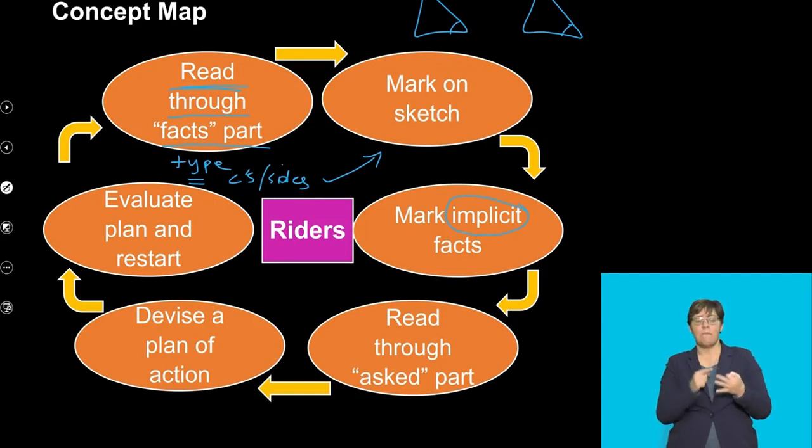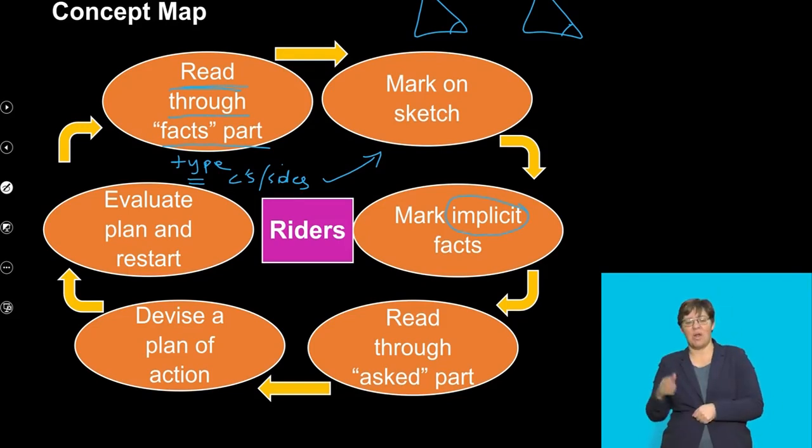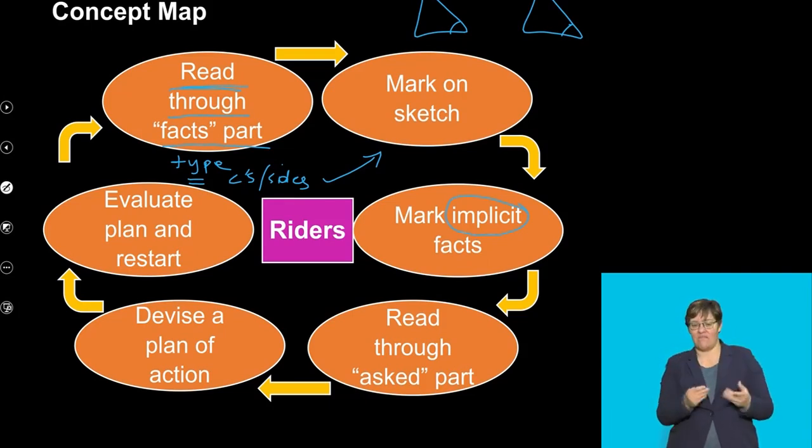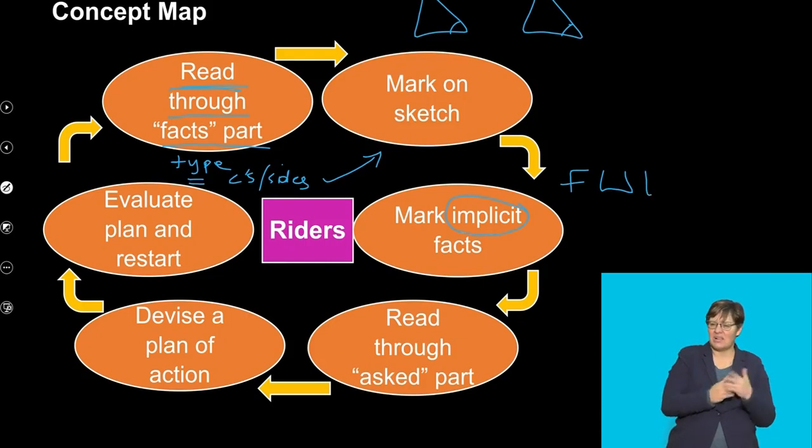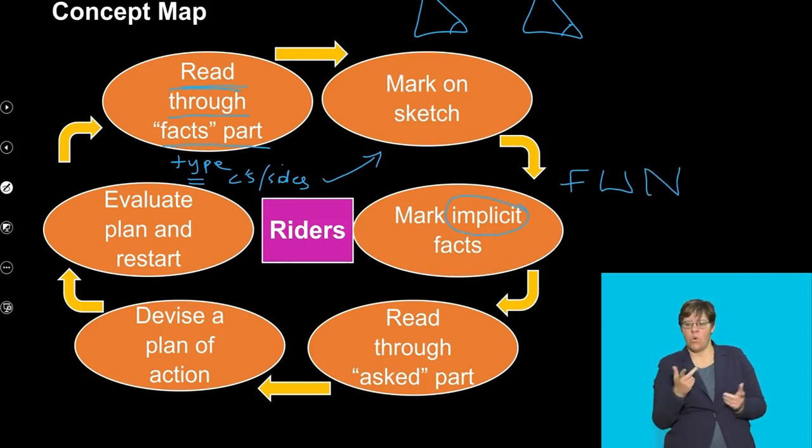So implicit facts will be when they just use terms like this is parallel to that. They are not simply telling you what the properties of parallel lines are, but because you know that they are parallel, then you can think about your corresponding angles, you can think about your co-interior, you can also think about your alternate angles.